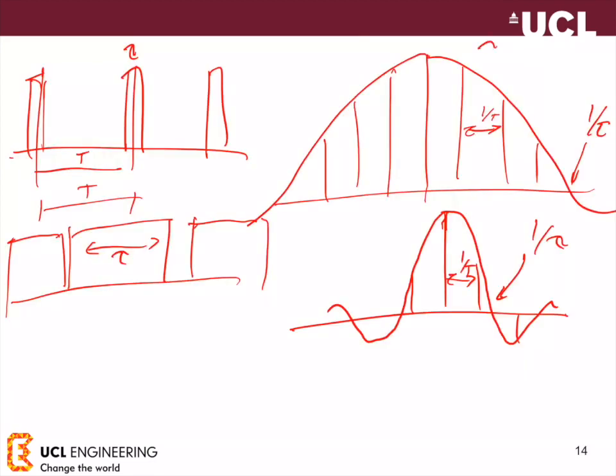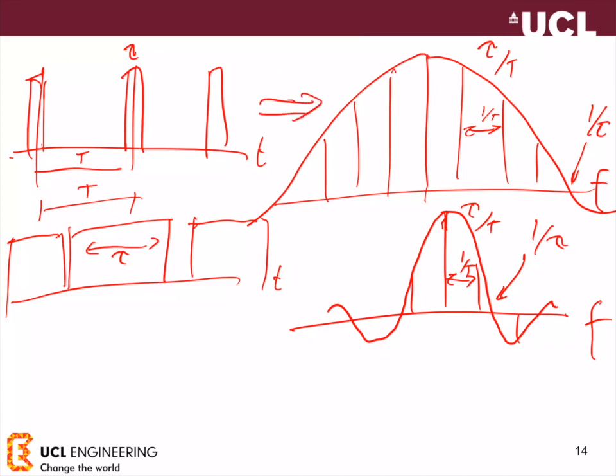So as tau becomes small, tau over big T is going to change, whereas this height is tau over big T. Now that is very important because that comes about from the fact that the energy in our spectrum here, this is in F of course, has got to be the same as the amount of energy that's in our time domain. We're just looking at a different representation here. We're not changing anything.